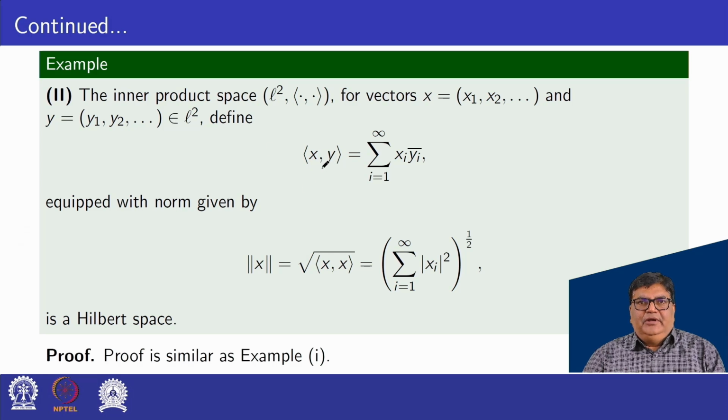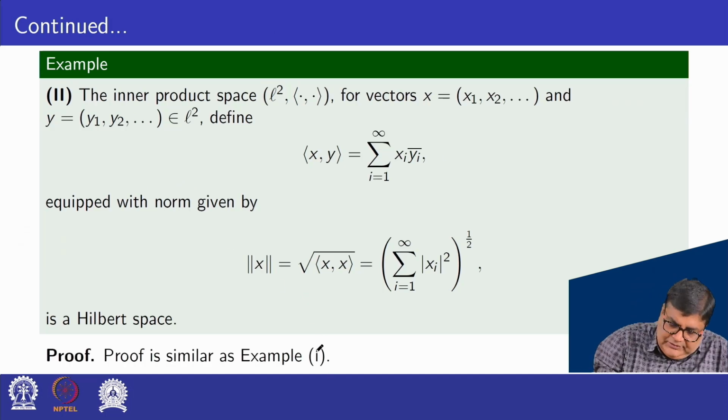Define the inner product of x, y equal to summation i equal to 1 to infinity xi yi bar, equipped with the norm given by norm x equal to square root of the summation i equal to 1 to infinity mod xi square, which is a Hilbert space. Proof is similar as example first.